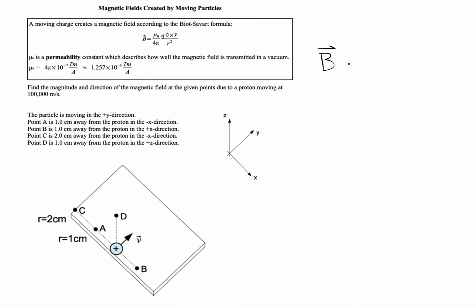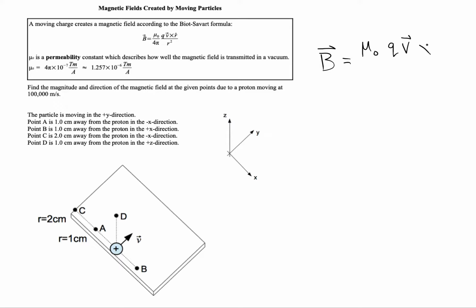The Biot-Savart law says the magnetic field due to a moving point charge will be given by mu times the q, which is the charge of the moving particle. V will be the velocity of the particle.